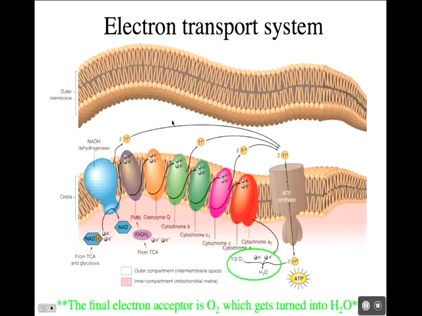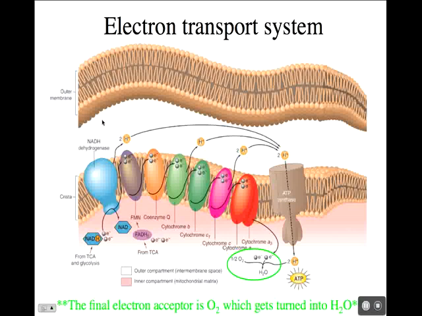To the fourth, to the fifth, down they go. And our final electron acceptor, of course, is oxygen. Oxygen gets reduced to form water. That's our final electron acceptor, absolutely essential for this process to occur. The energy of electrons moving is used to pump protons.